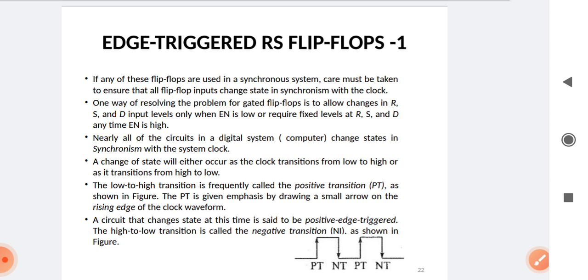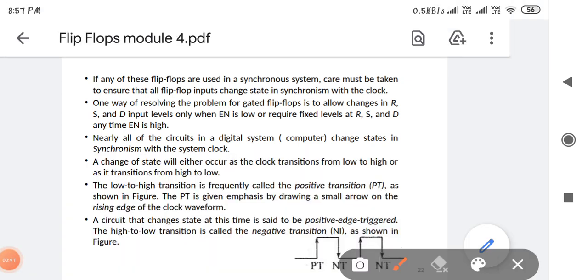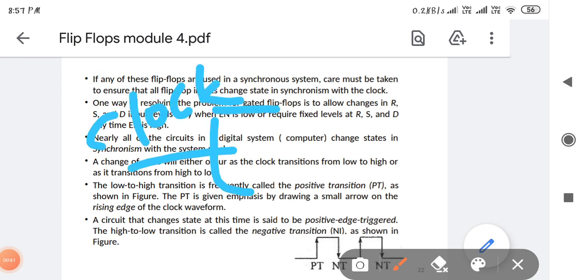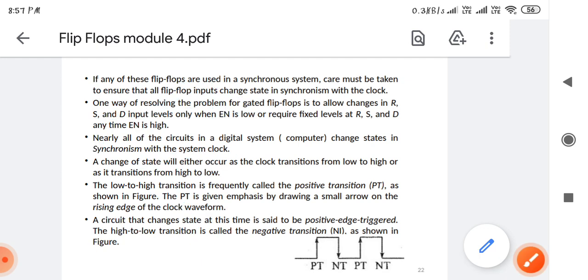If we use a clock in the SR flip-flop, it is called a synchronous flip-flop. Edge trigger means an RC circuit, a resistor and a capacitor, can be used on the clock; we can call it an edge triggered flip-flop.